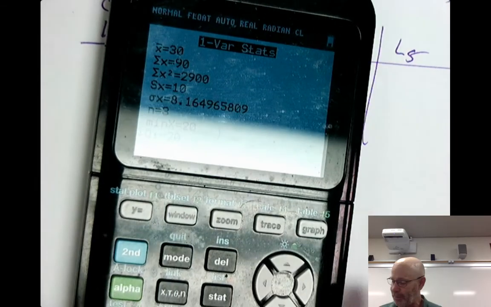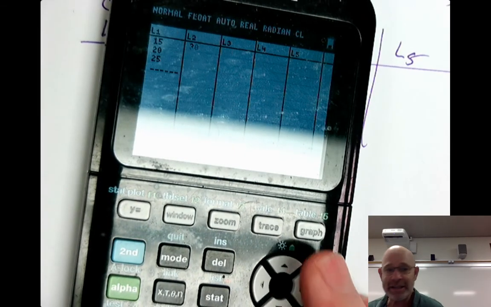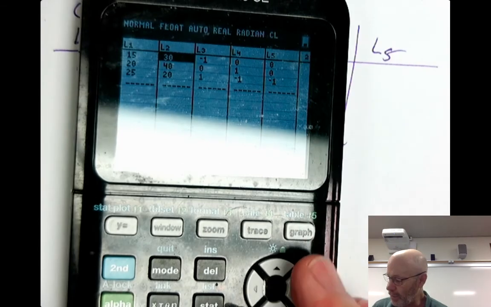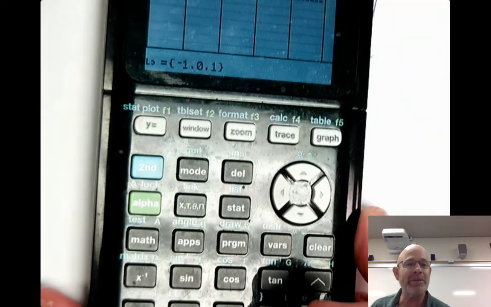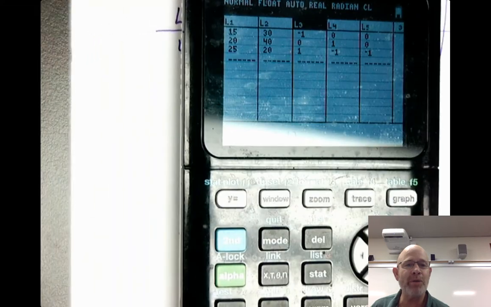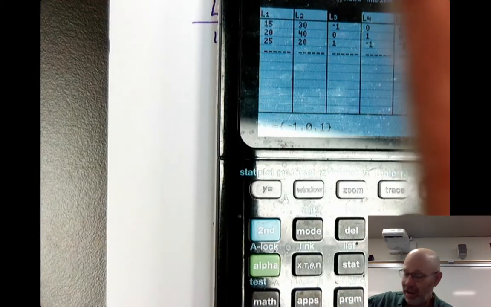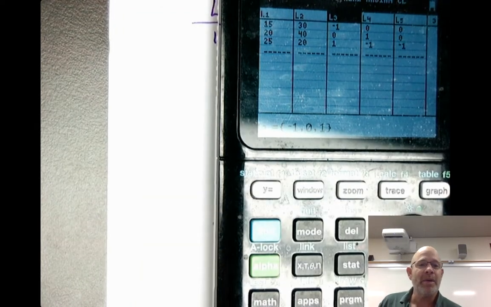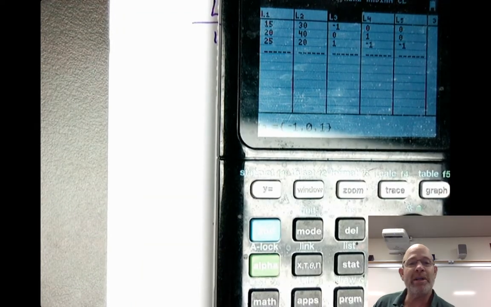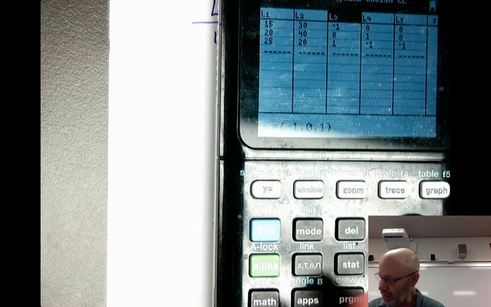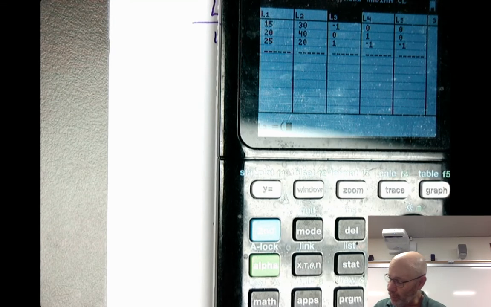So watch, and I go back to my list, and I go up to list 3. Let me do it so you can see both. Sorry about the glare there. I'm going to put my cursor up there in list 3, and make sure I get my order of operations right. So I want to go list 1, which are my x's.